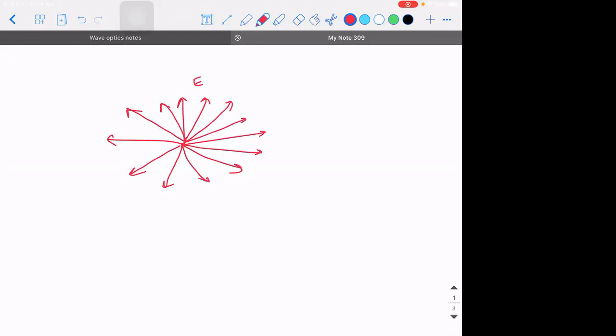Look at this ray, this ray, this ray, all these rays can be resolved into X component and Y component. We will take the resolution of all the vectors and draw them only in the form of two directions. What are the directions? X direction and Y direction.